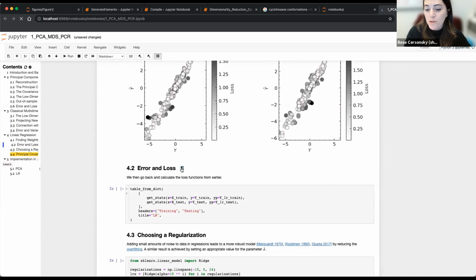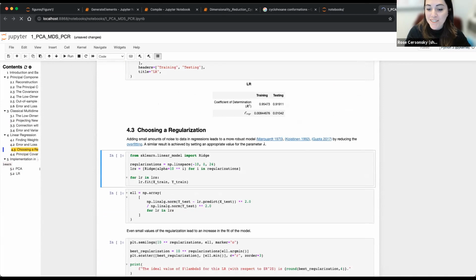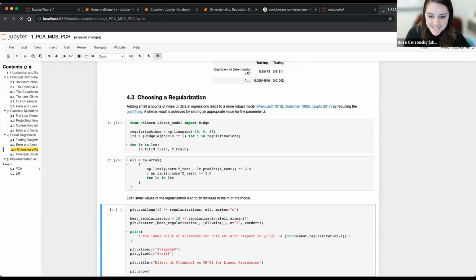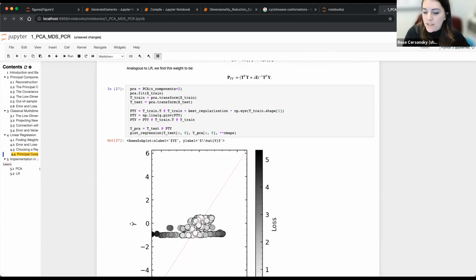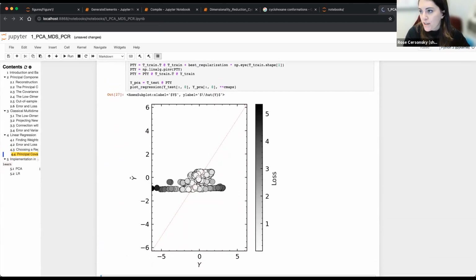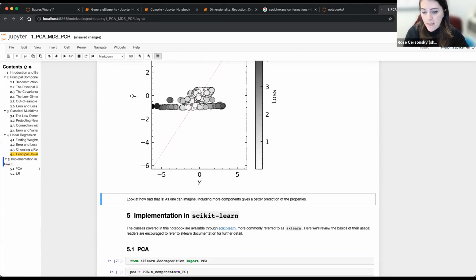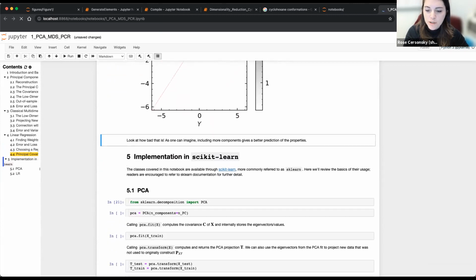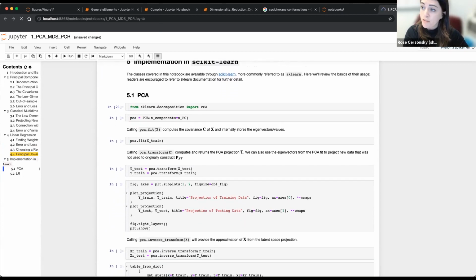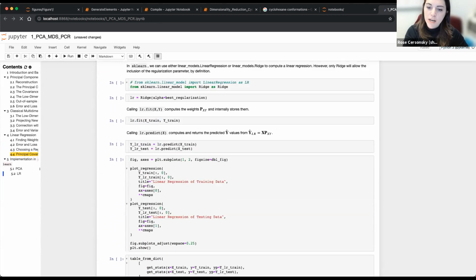This is what happens when you go through a notebook without entering every single cell. To actually do a linear regression, and you can see here that PCA is kind of crap when it comes to linear regressions, if those directions of highest variance don't also correspond to your directions that predict the property. And so then the notebook finally goes through the different implementations of these methods and how you might use them.